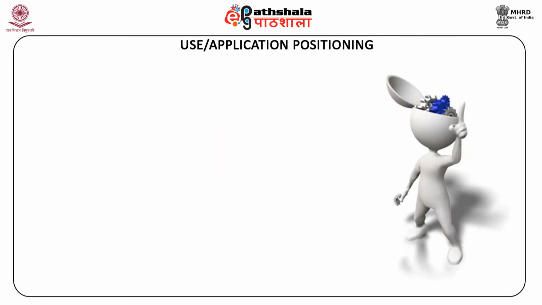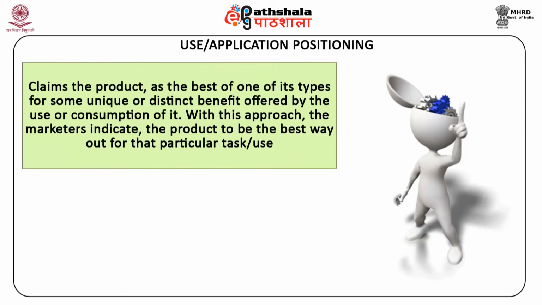Use application positioning claims the product as the best of its type for some unique or distinct benefit offered by the use or consumption of it. With this approach, the marketers indicate the product to be the best way out for that particular task or use.